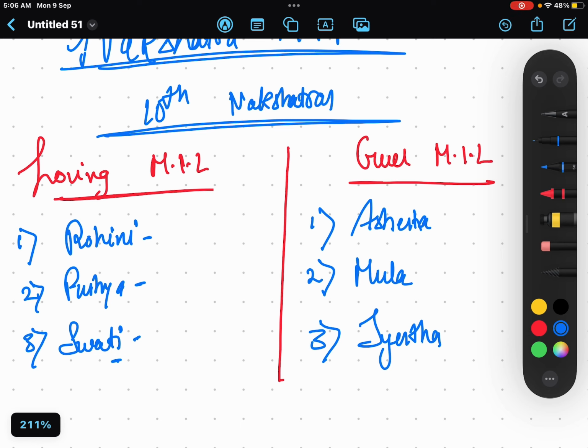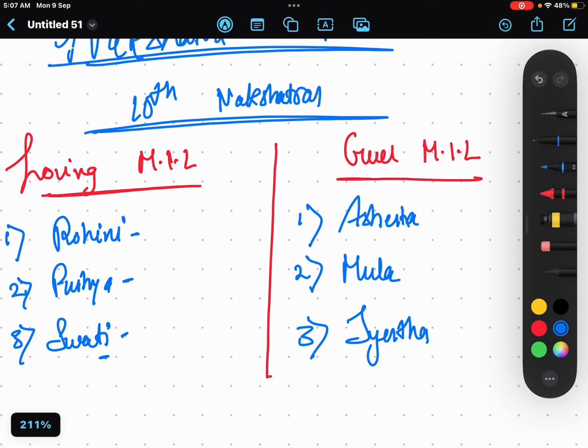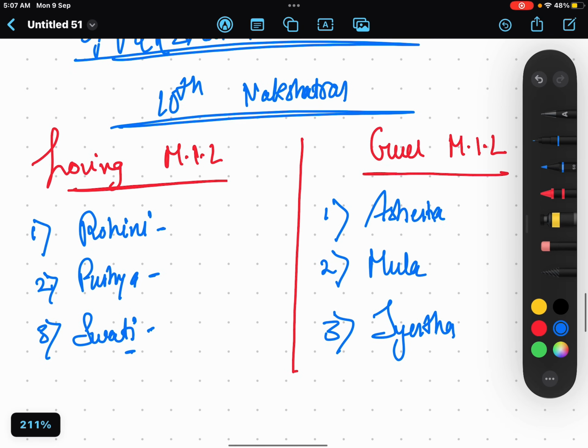But if you have Ashlesha, Moola, or Jyeshtha, they will be manipulating, with a no-nonsense attitude. They will be harsh sometimes, demanding sometimes, and dominating you sometimes.